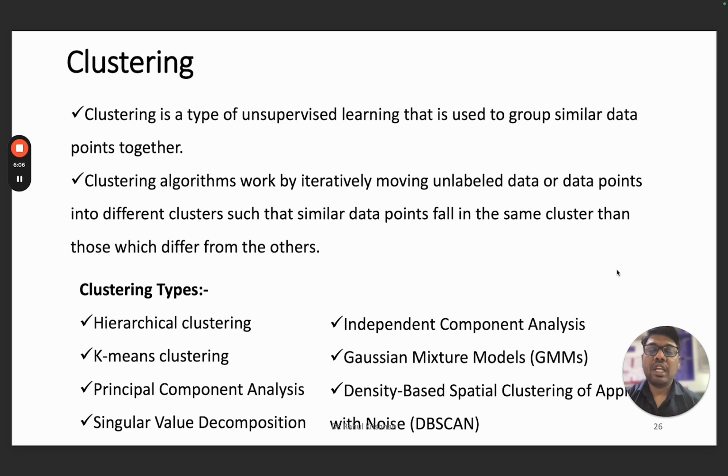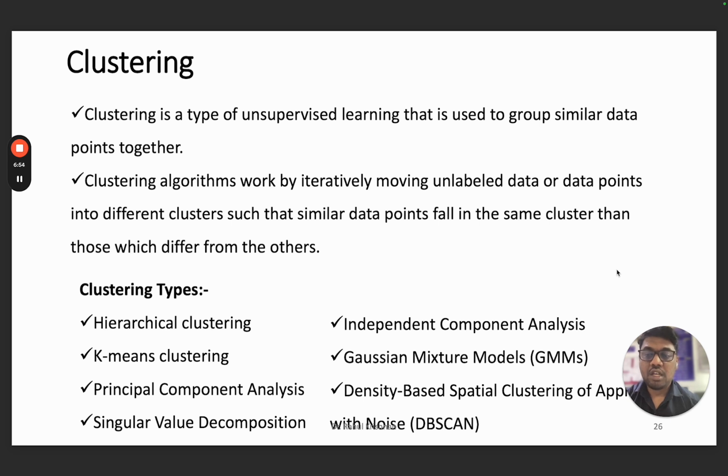If we get an unlabeled data set, we split the data points into different clusters, such that data points having some similarity with nearby data points are put together into a single cluster rather than into different clusters. If the data shows some kind of relationship with the nearby data, those data are put together as a single cluster. This is how it works.